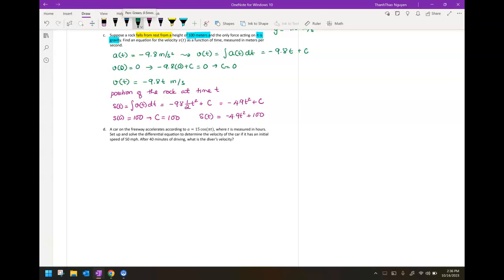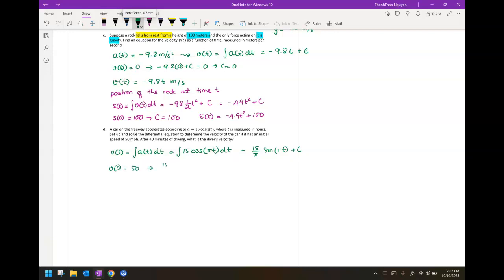Okay, so v of t is the integral of acceleration, and this is 15 over pi times sine of pi t plus c. And we were told that v of 0 equals 50.